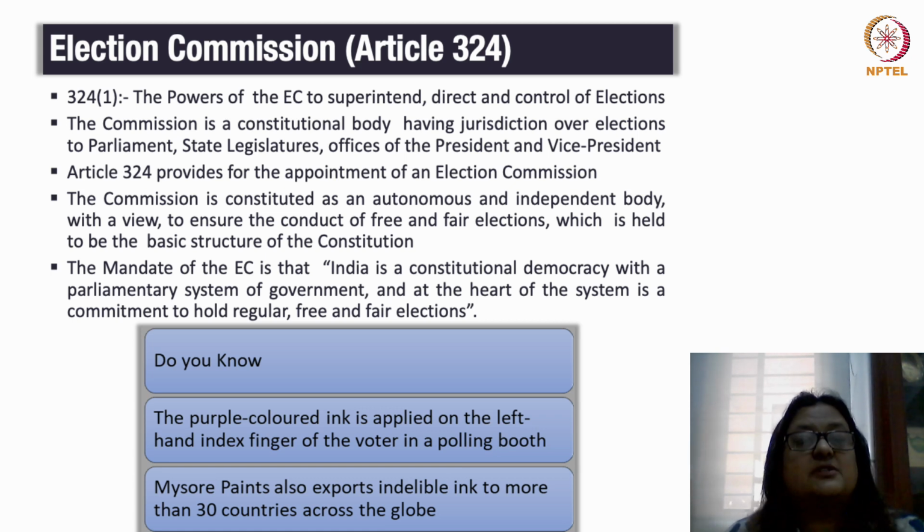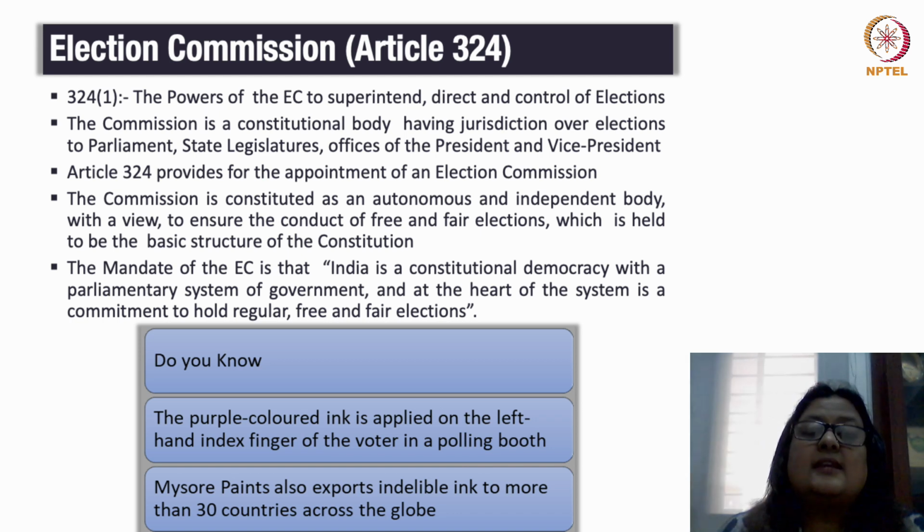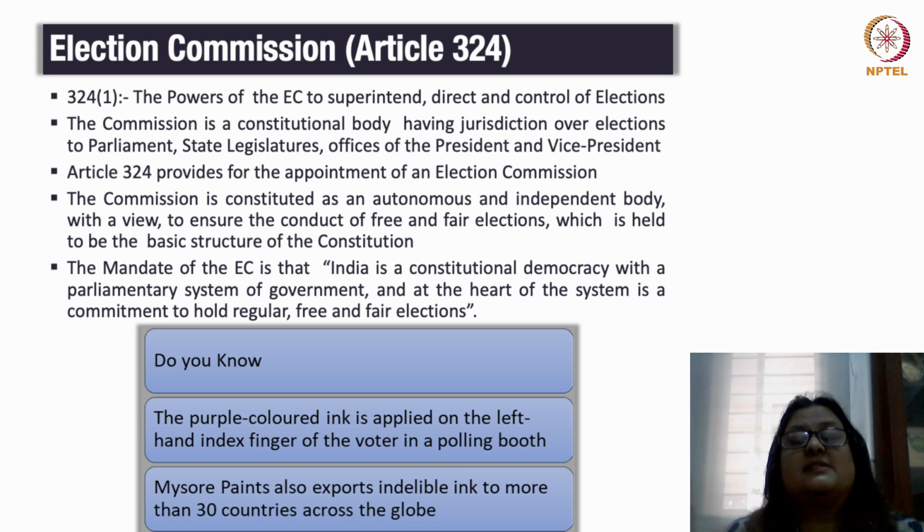It derives its powers directly from the Constitution, especially from Article 324. So this is considered to be a part of the basic structure, because the Election Commission is the authority which conducts free and fair elections for the democracy, and democracy is a basic structure of the Constitution. As such, the functions of the Election Commission are considered to be basic structure of the Constitution.